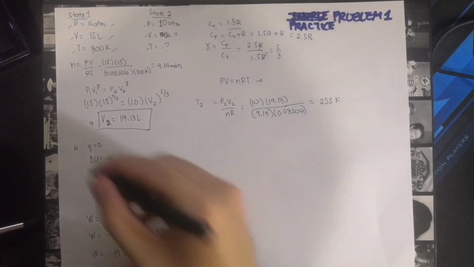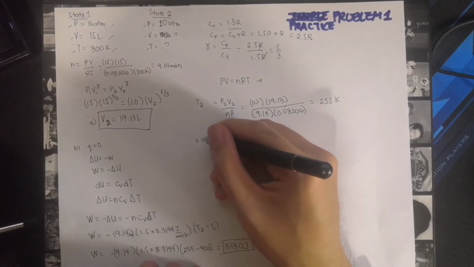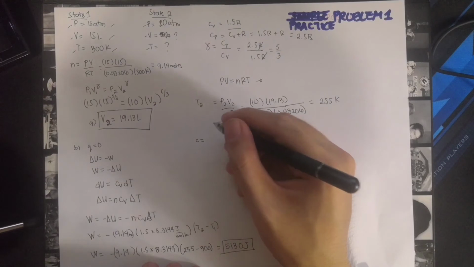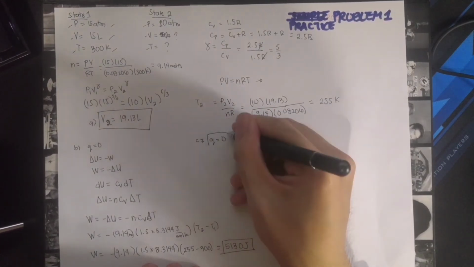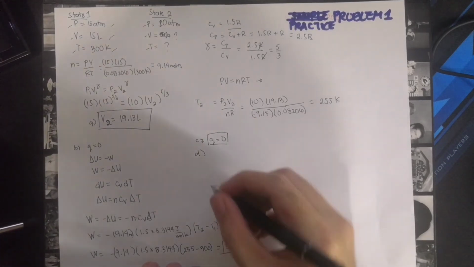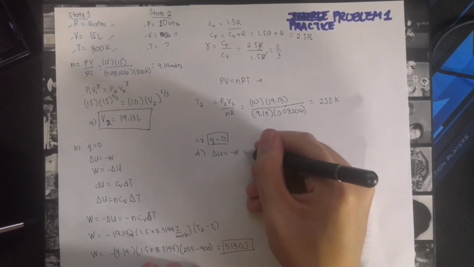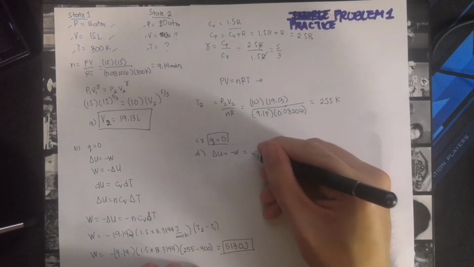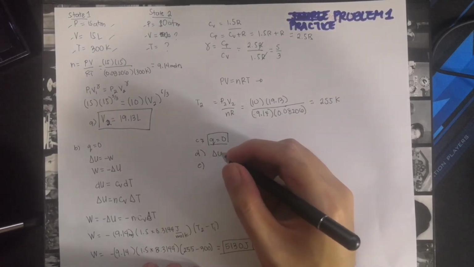So that's B. For letter C, what is the heat evolved? Since heat for an adiabatic expansion is equal to 0, then for C, Q is equal to 0. For letter D, what is the change in internal energy? We already established that delta U is equal to negative W. So delta U is equal to negative 5,130 joules.